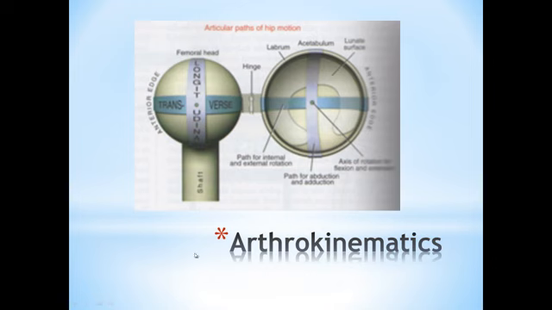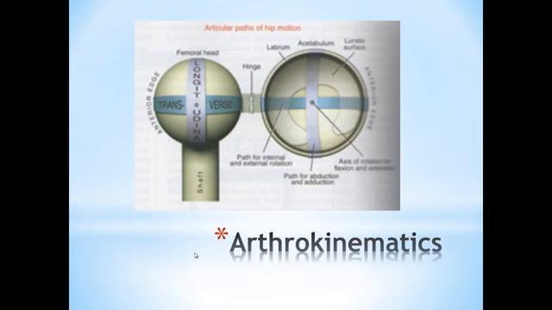So my slide here is a little bit fuzzy, but when I'm looking at the arthrokinematics of the hip joint, remember we talked about in articulations about the concave-convex rule. So when the pelvis is fixed and the femur is the moving bone, we have a moving convex on a fixed concave.